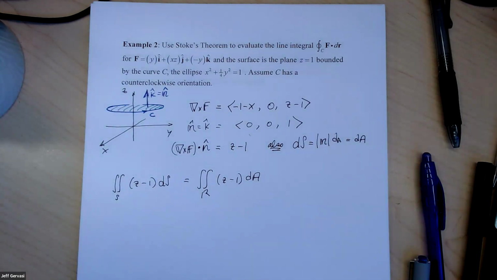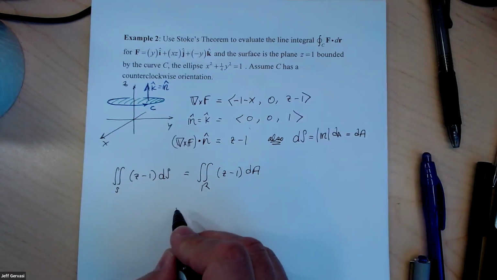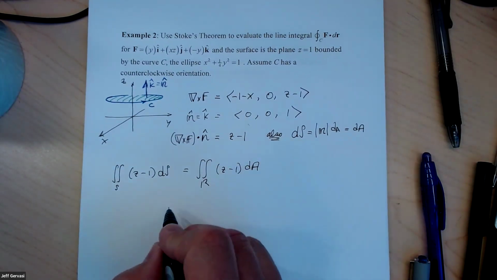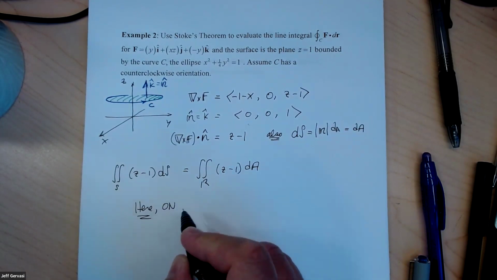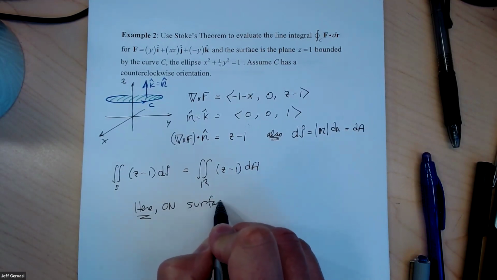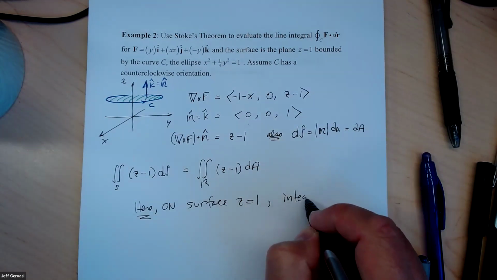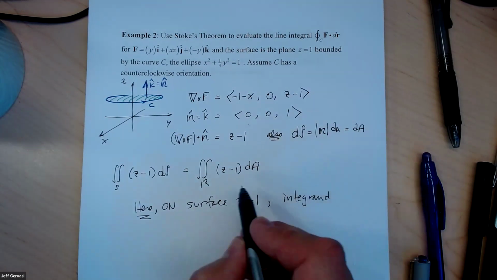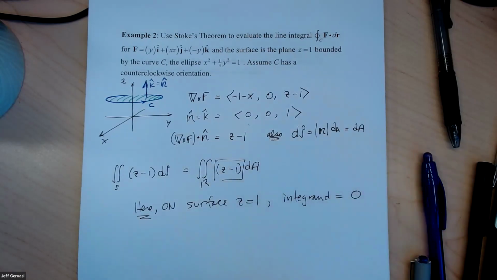Now, notice that on the surface, I'm going to make a note to myself here, so when you go back and look at this later, you know what we were thinking. On our surface, z equals 1, the integrand, which is right there, is equal to 0.